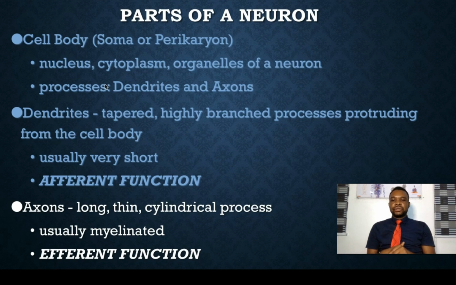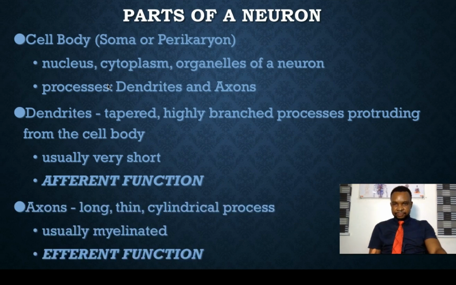Now, the axon is a cylindrical process, just a single cylindrical process, long and thin, that is usually myelinated, although there are some unmyelinated neurons, and this has to do with efferent function. So those are the two processes, the dendrites and the axon. So the neurons are made up of two components, the cell body and the processes. The cell body consists of the nucleus, cytoplasm, and other cytoplasmic organelles. Then the processes are made up of the dendrites and the axons.